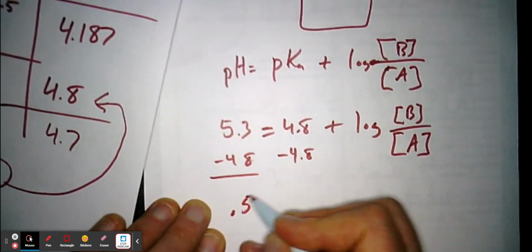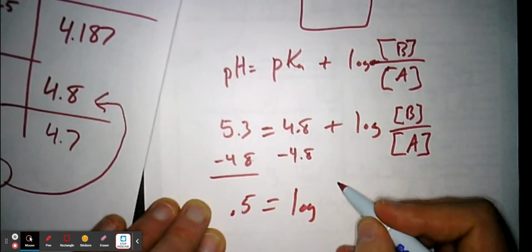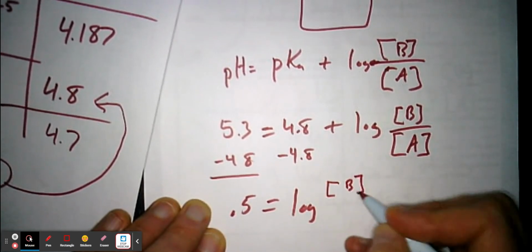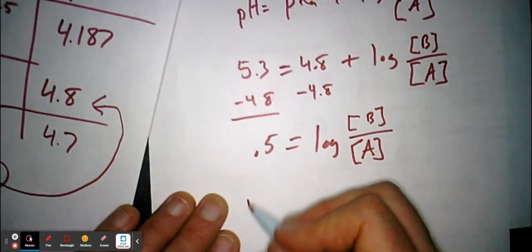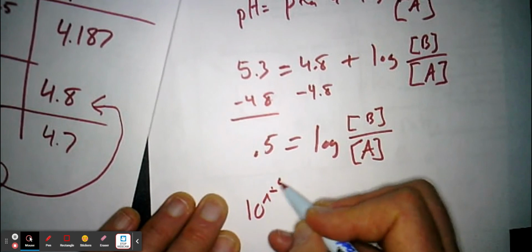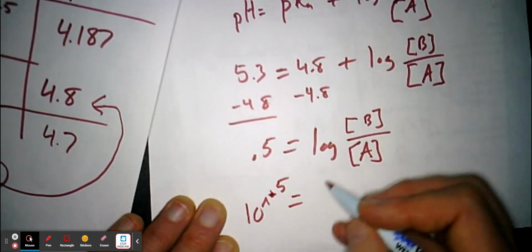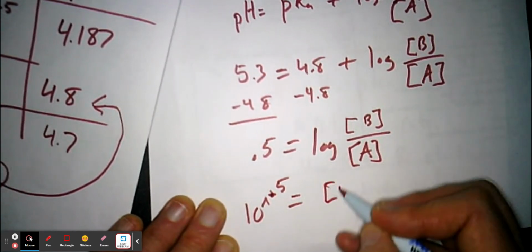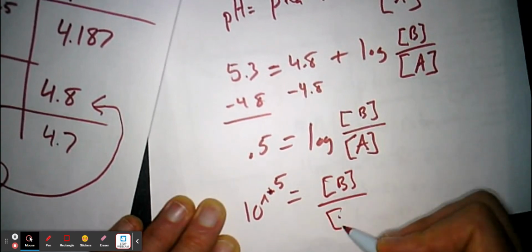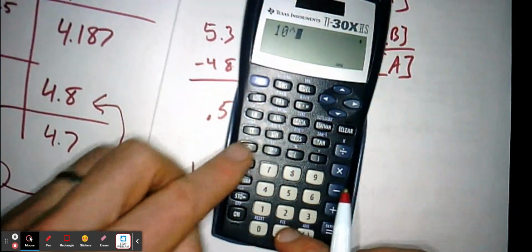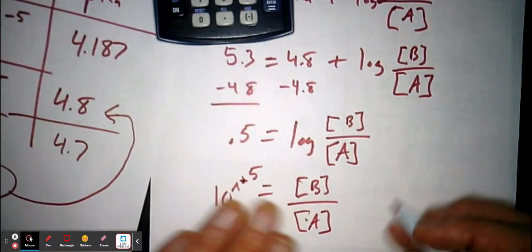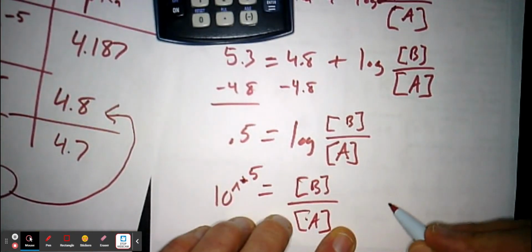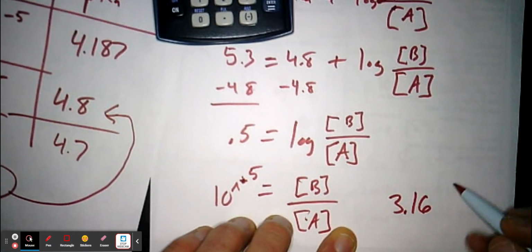I get 0.5 equals log of this. And then to get rid of the log, I would take 10 raised to the 0.5 equals the ratio. So I get my ratio is equal to 3.16.